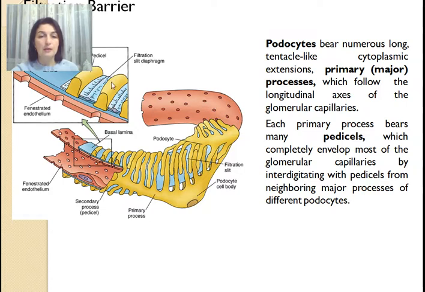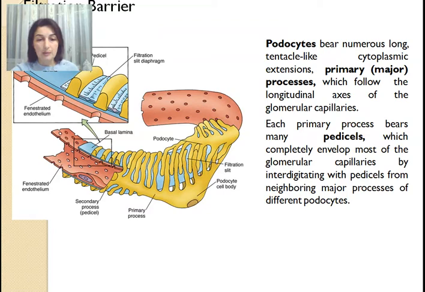So between the neighbor pedicels we have diaphragms that include small openings, and they will also stop passage of substances which are larger than 80-90 kilodalton. The main part of the filtration barrier is formed by the basement membrane.